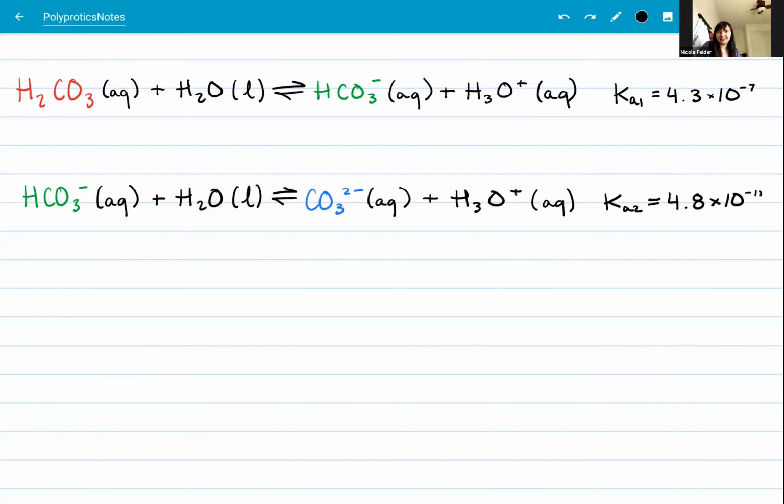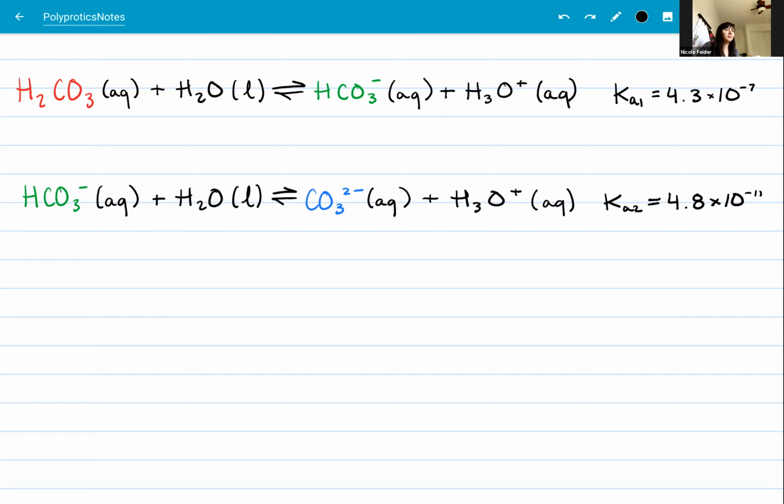Comparing these two, it's clear that Ka2 is much smaller than Ka1, making HCO3 minus a much weaker acid than H2CO3. This is the trend we'll always see for polyprotic acids. Acid strength continues to decrease as more protons leave.